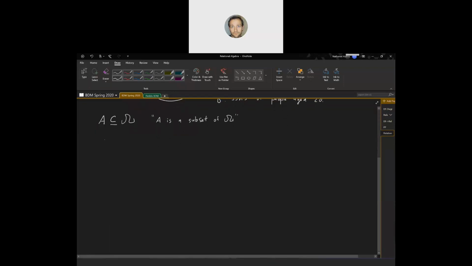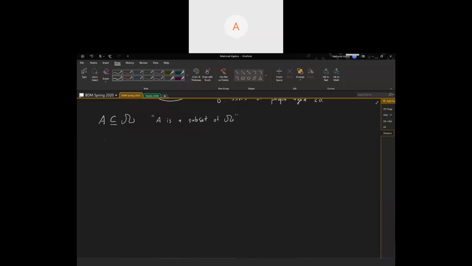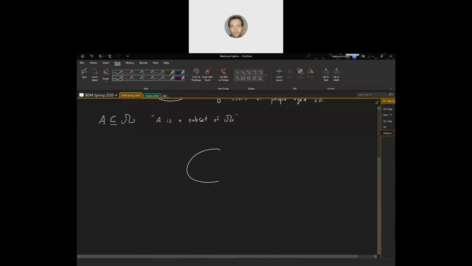When you wrote A as a subset of omega, is that a C in a line, or is it a less than or equal to? Oh, thank you. Yes, it looks like a C with a line underneath it.